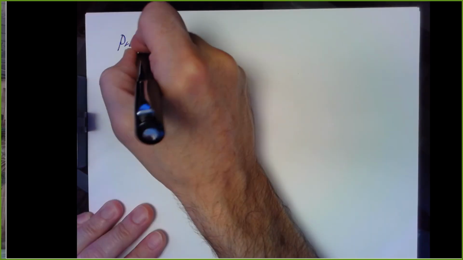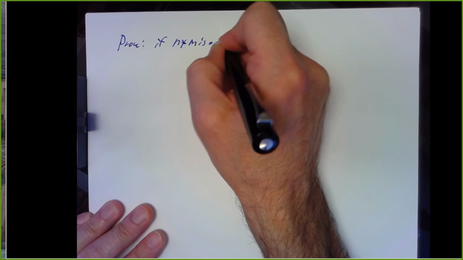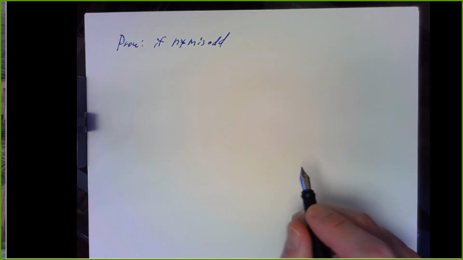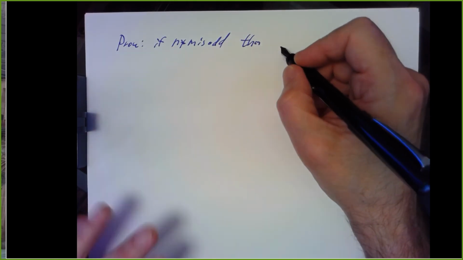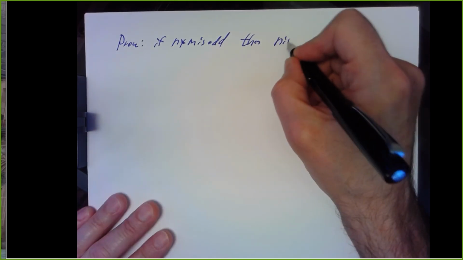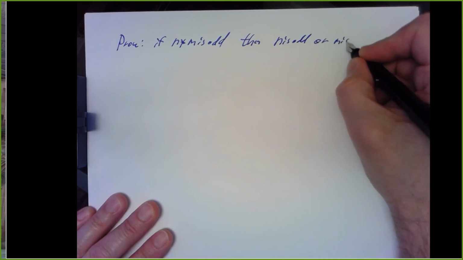We just showed that if n and m are even, n times m is even. Prove: if n times m is odd, then n is odd or m is odd.